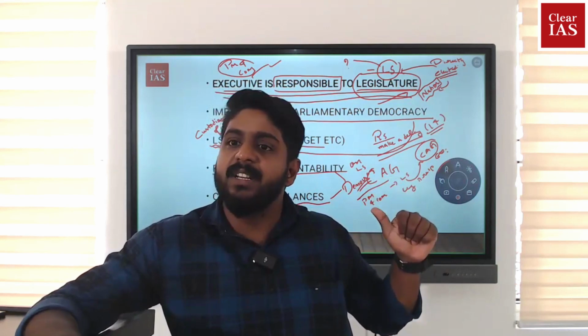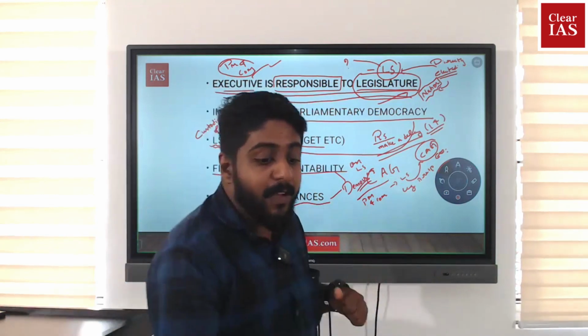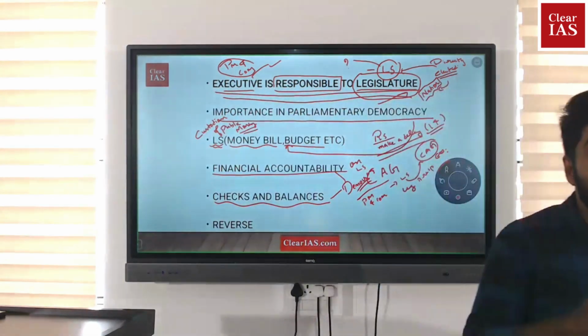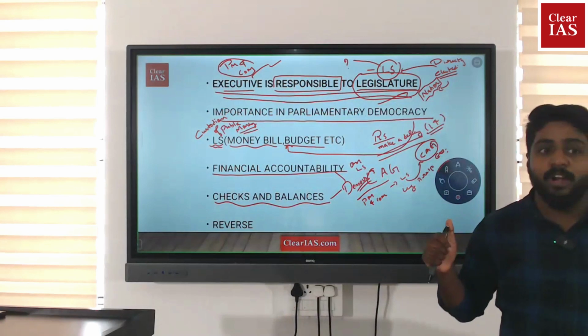Have you ever heard that a budget is not enacted in India? No. Every time the budget will get enacted. Why? Because the ruling front has got the majority. But this decision could have been a wrong decision. And who can point out that this decision is in fact a wrong decision? That will in fact be done by the Comptroller and Auditor General of India. So now you tell me, is it important or not important?